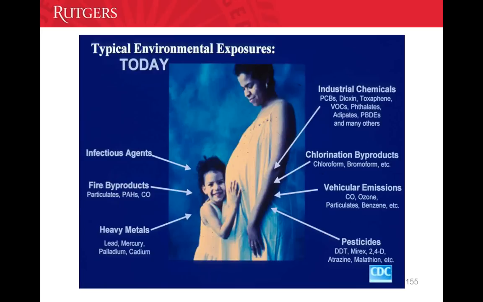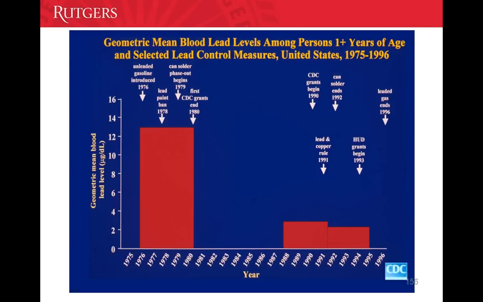But the typical ones for today are all those from the early years, plus the industrial chemicals, plus the chlorination byproducts, pesticides, heavy metals, and those resulting from motor vehicles. So the risk to mom, to baby, and to the unborn baby is pretty impressive.